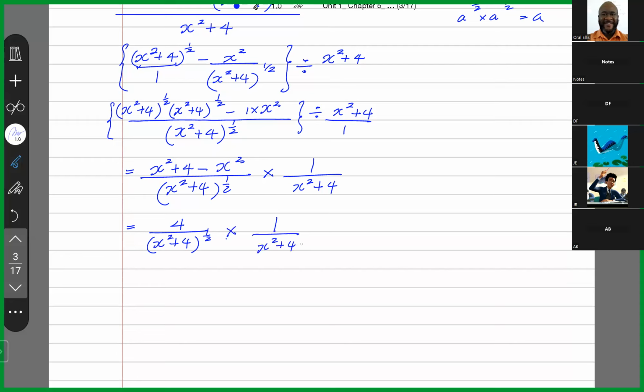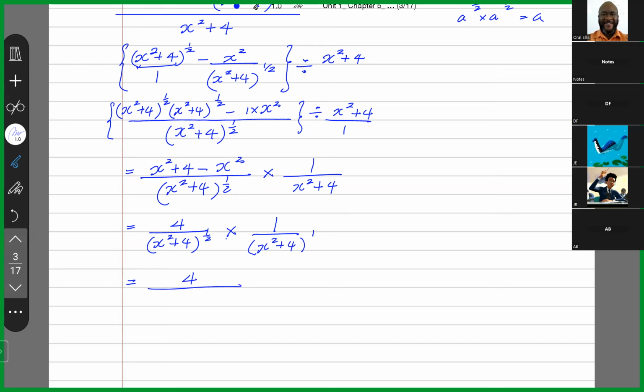All right, and if you want, you could say this is (x squared plus 4) to the power 1. So in the denominator, what you're noticing is that the base is the same. The base is x squared plus 4. Now, the law of indices says if you're multiplying and the base is the same, you must add the indices. So let's finish. 4 times 1 is 4. That takes care of the numerator.